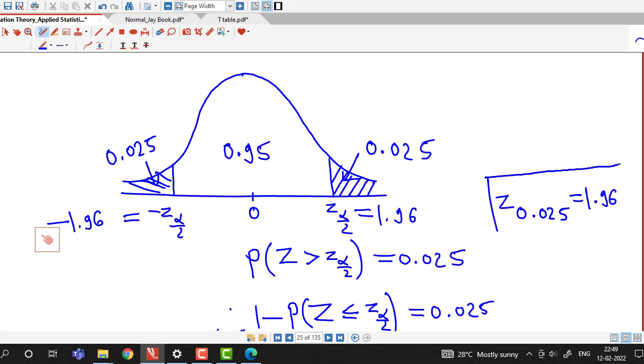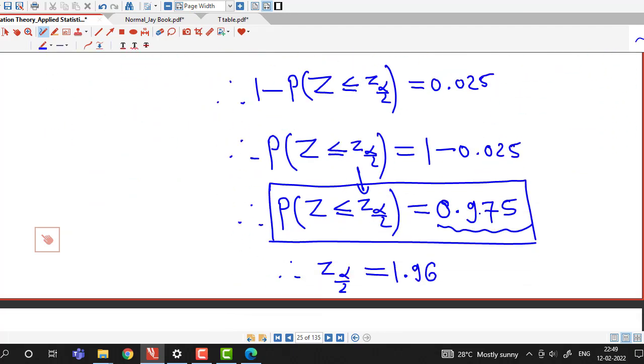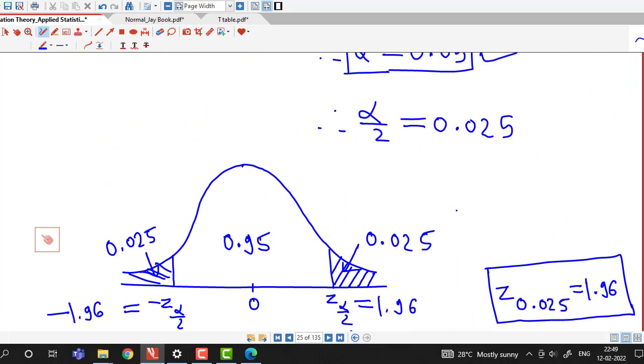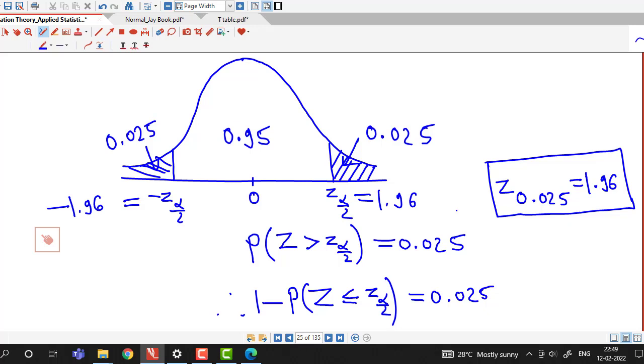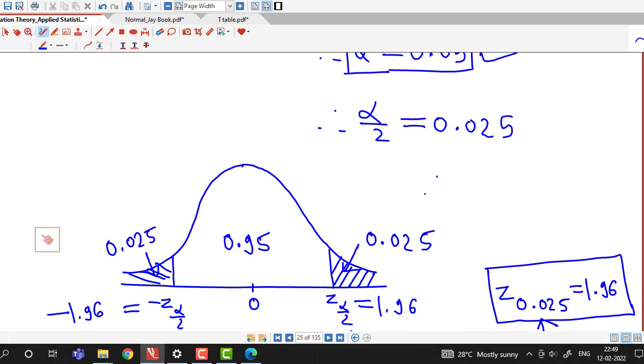If you wish, you can remember this value. We are going to use these values frequently, and if you don't want to cram them, you can derive them from the standard normal probability table within 1 or 2 minutes. It is not necessary to sketch this curve; I sketched it just to understand the process. So z suffix alpha by 2 is 1.96.